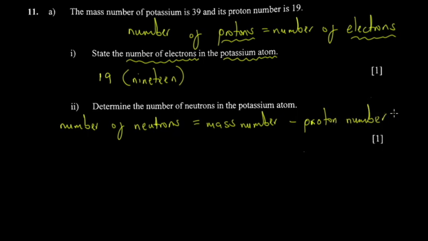This is the formula. The mass number is almost always the largest number in an atom. So in our case, it's 39.